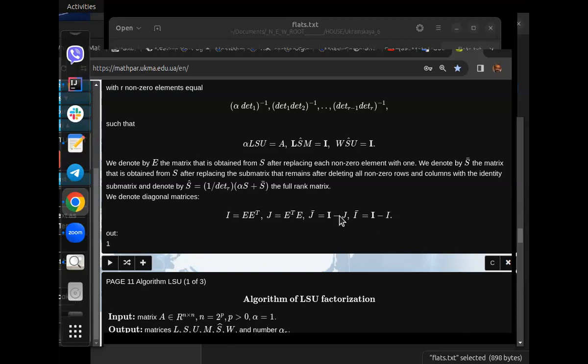We will use all these notations, together with the notation of the matrix S bar, which we can construct from the matrix E. If in matrix E we cross out all the non-zero rows and columns, and in the blocks that we can see we put identity blocks, then we obtain the matrix S bar. And if you add S and S bar, you obtain a matrix of full rank.